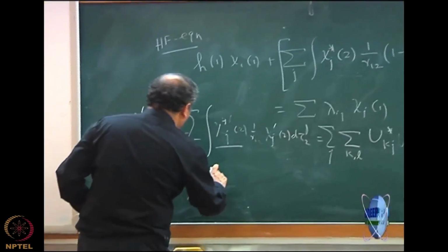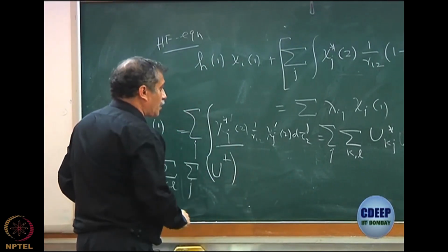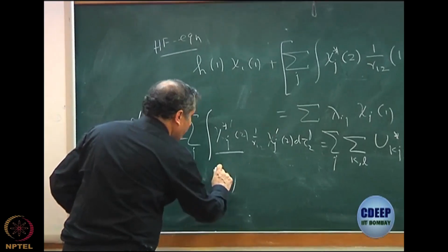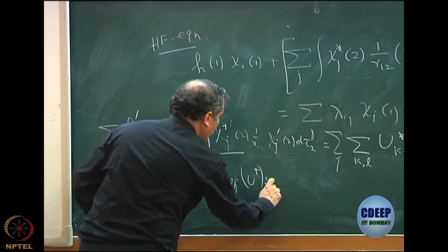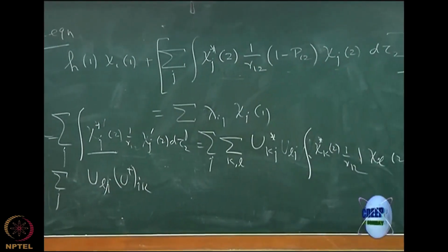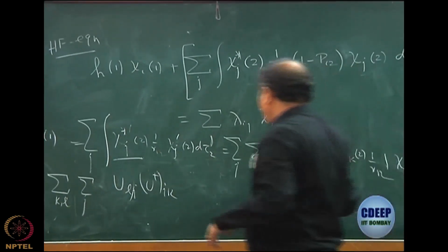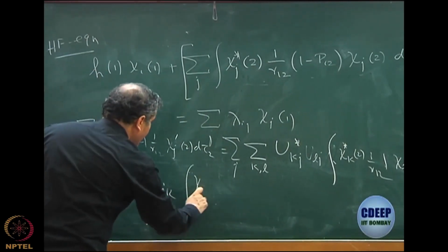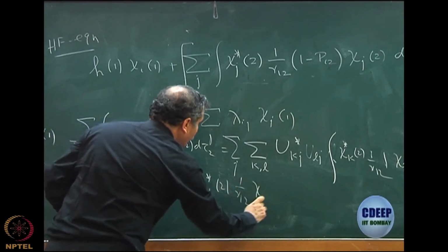So it will become u Lj u dagger jk. I just push this on the right of this because they are all numbers and commutative. So I am now writing this as first u Lj, then u dagger jk. Then the rest, chi k star 2, 1 by R12, chi L 2.